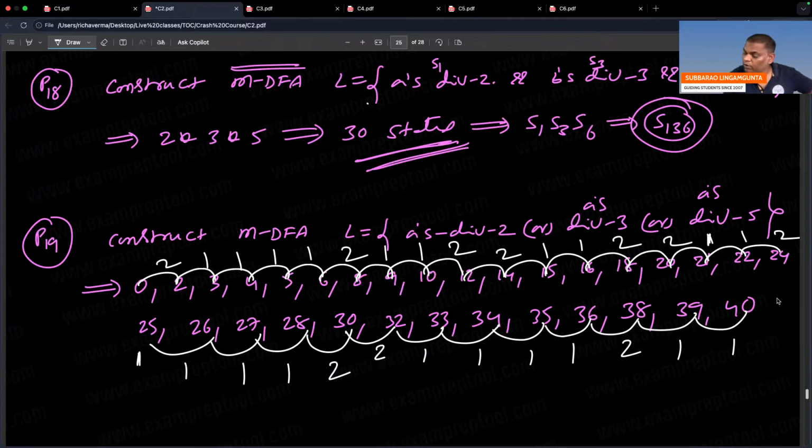Now, if you see after 40, what about 41? No, 41 no. 42?